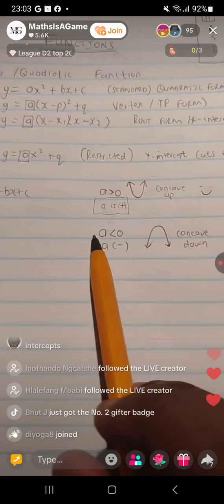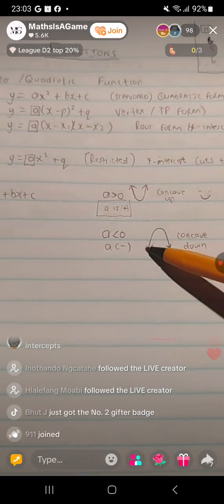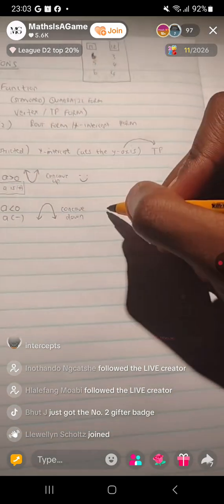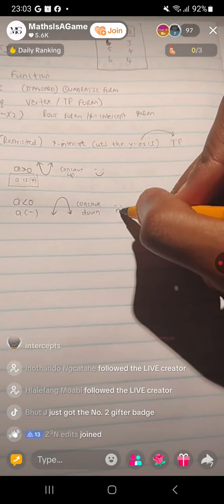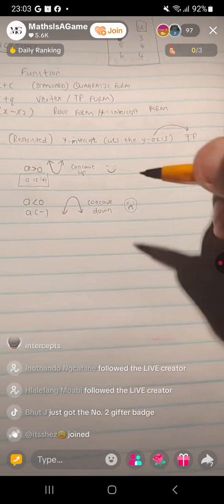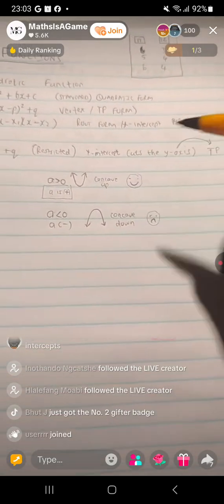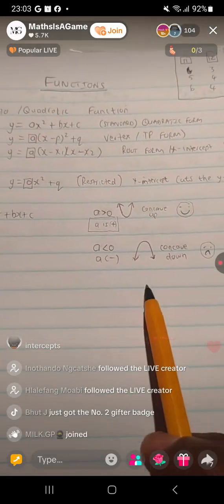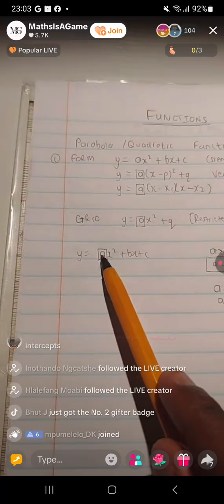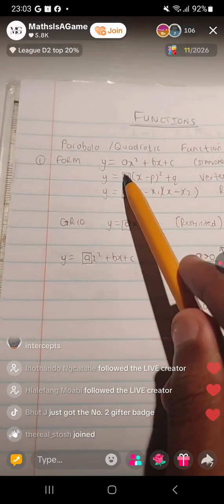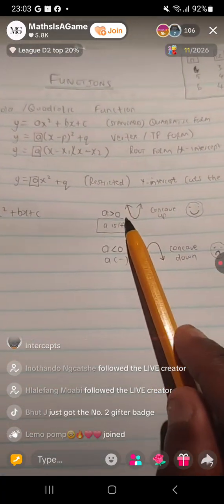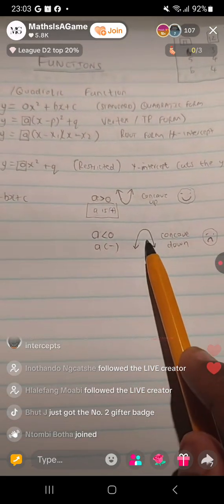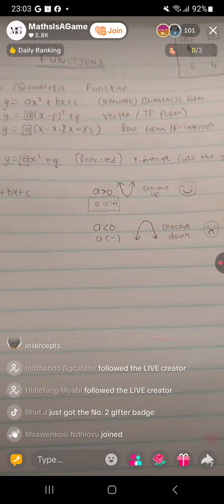When you are negative, you tend to be angry and sad. You are down. I hope we are internalizing this. So that is what we get when the a value exhibits either a positive or a negative value. We expect our shape to be as such.